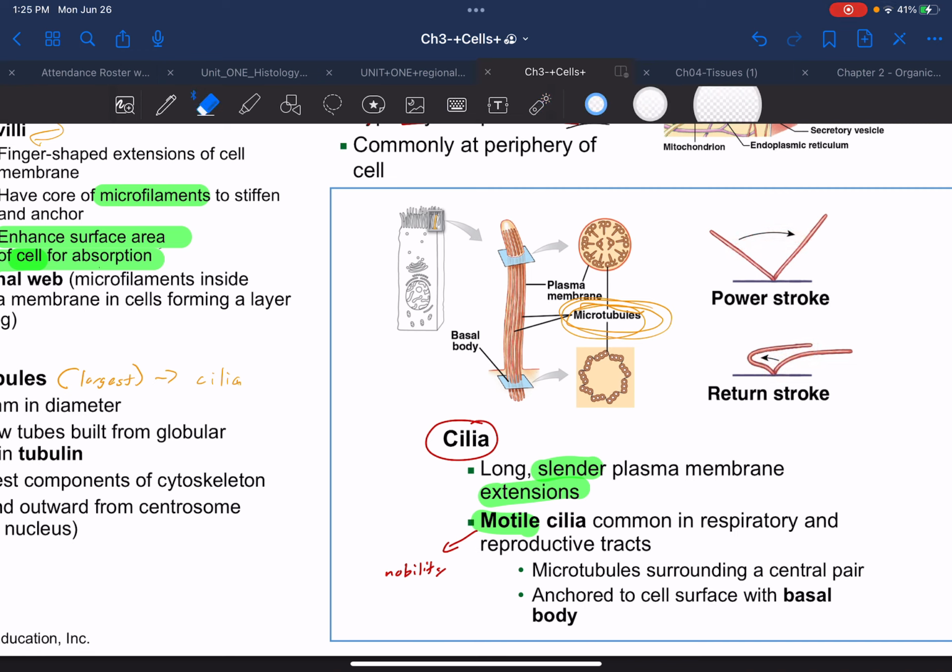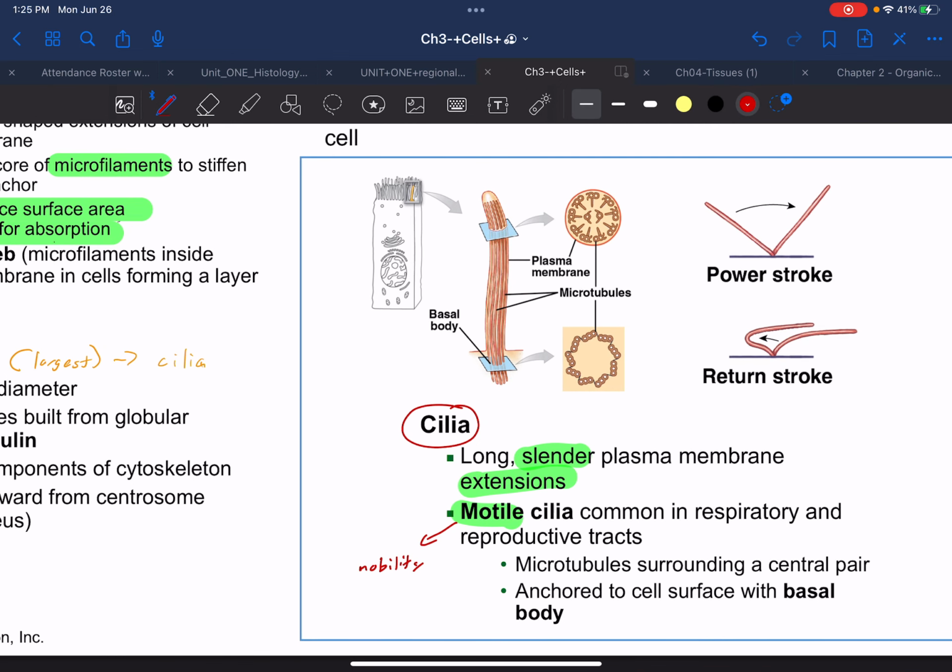And so you can see that our microtubules make up our cilia, and that's all we really need to add to that. We're just going to add microtubules, make them up. And this we can cross off when you say microtubules. Just remember it's made out of microtubules, and that's good enough for me.